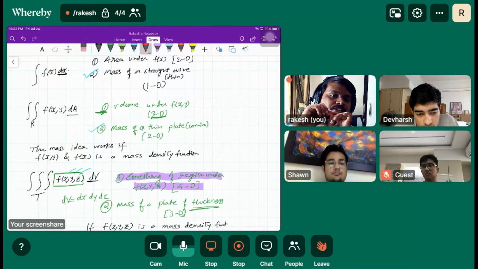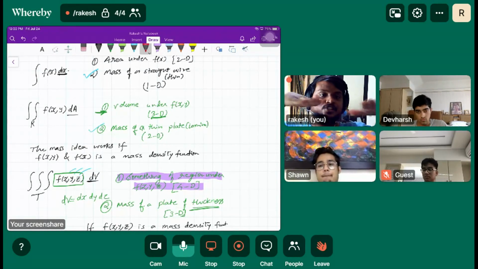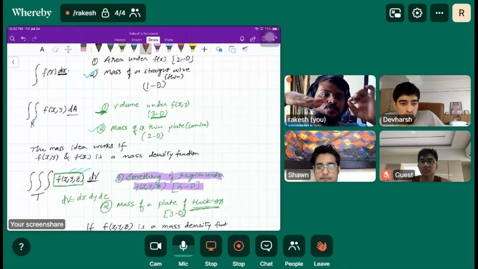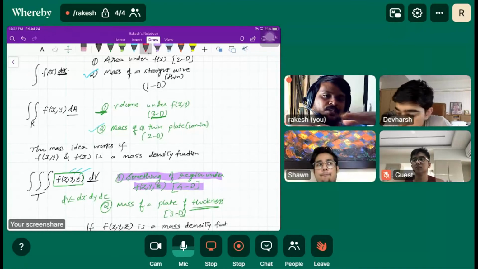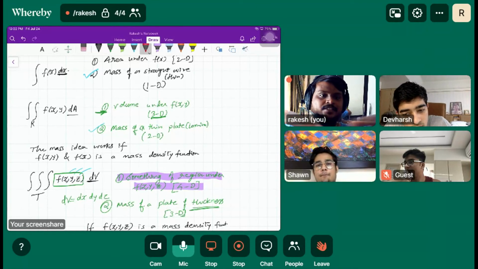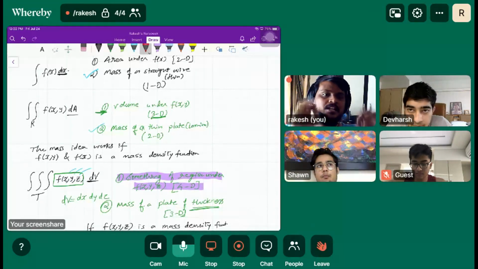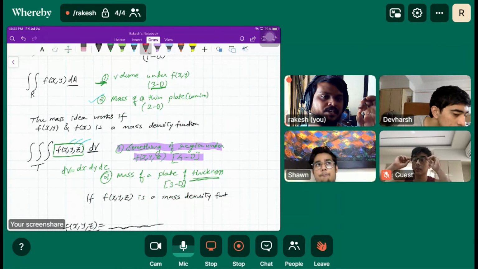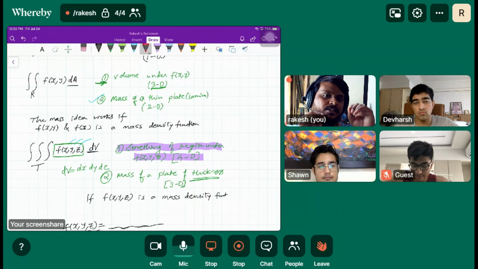Now the second, double integration: if f of x, y represents the mass density function of a thin plate on the surface, then the double integration will give you the total mass of that thin plate, and that idea is basically on 2D, because we have a surface, a lamina or region on the xy plane. Similarly, this triple integration does not make sense properly because of the lack of terminology.